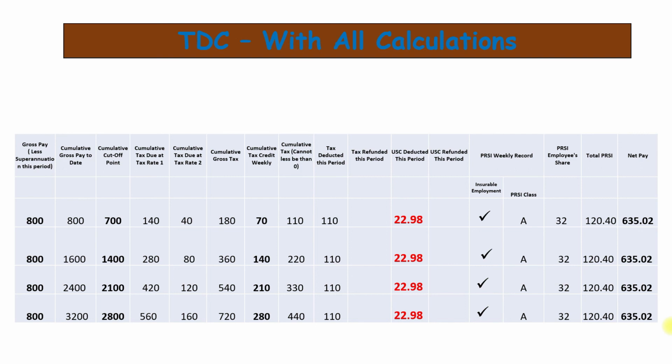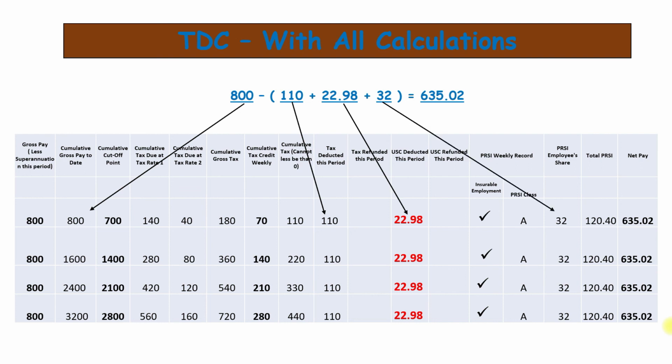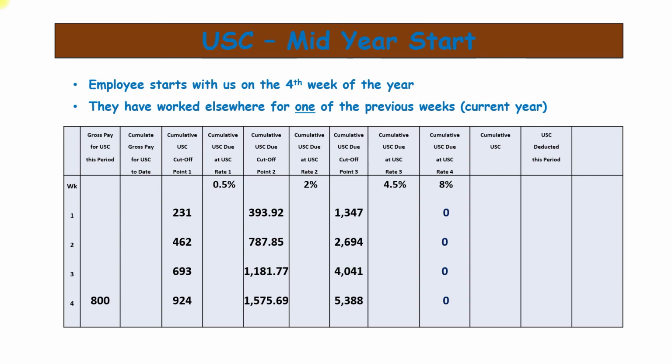The difference this time is that we need to calculate the net pay, and we do this by subtracting the tax deducted this period, the USC and the employee PRSI from the weekly gross to give us a net pay of $635.02.